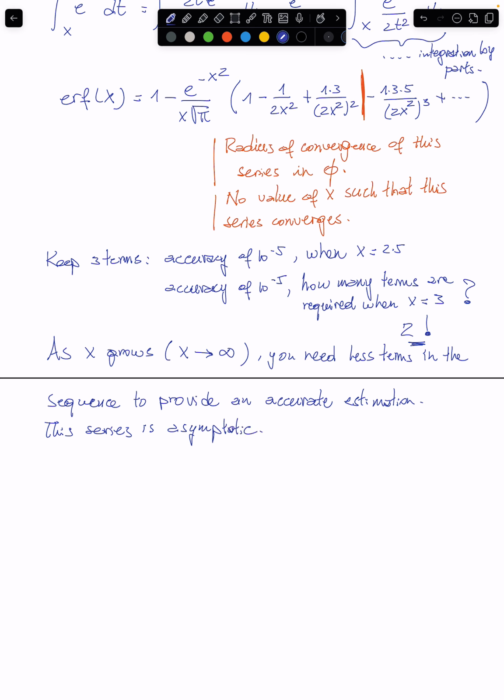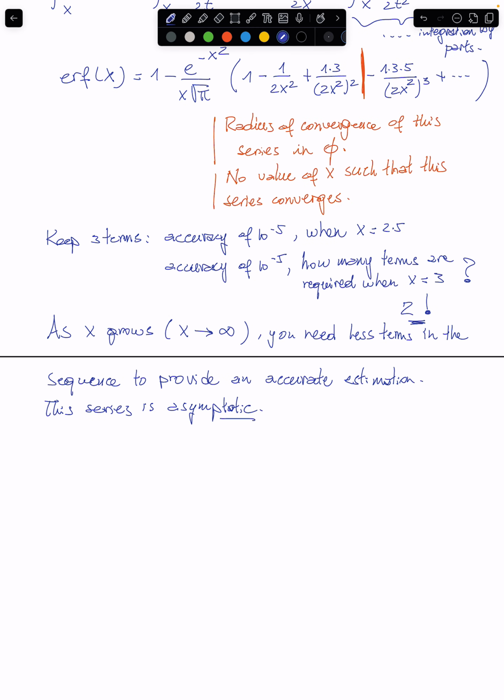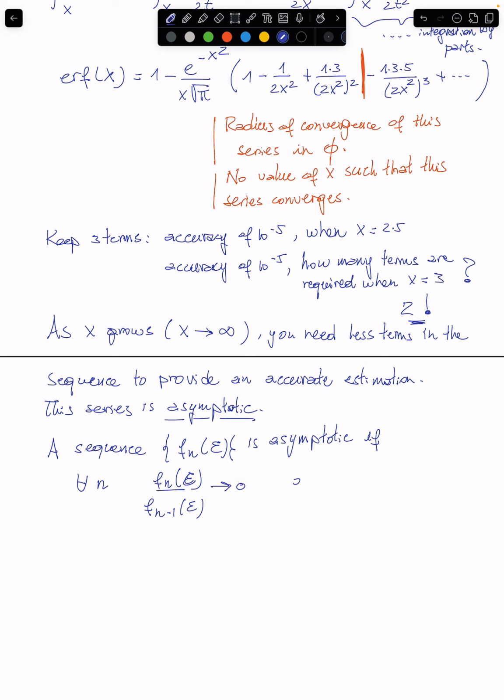All right, and so just to give you another definition of an asymptotic series, just to make sure we are clear about this, we said that a sequence, which is a collection of functions, is asymptotic if for any value of n that you choose, fn over fn minus 1 tends to 0 as epsilon comes down to 0.